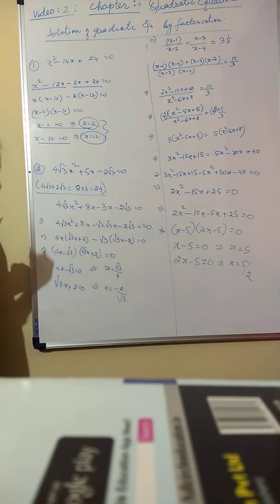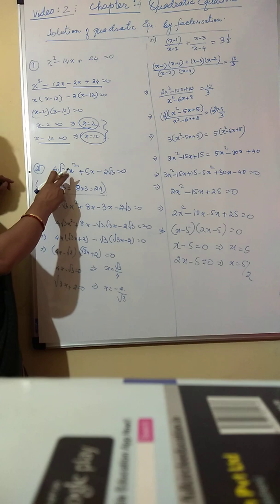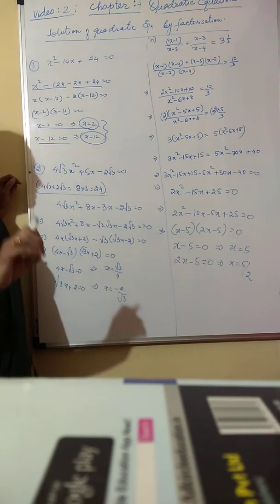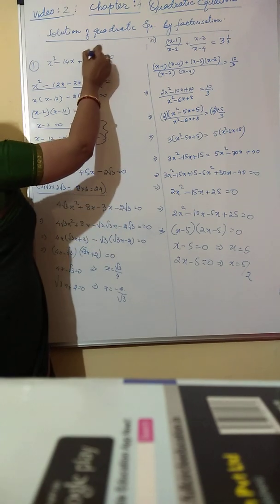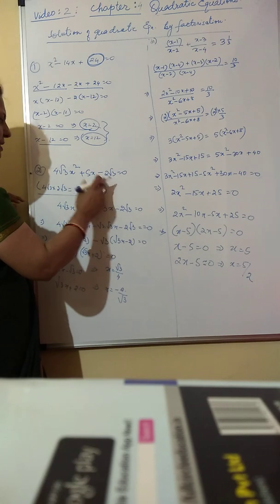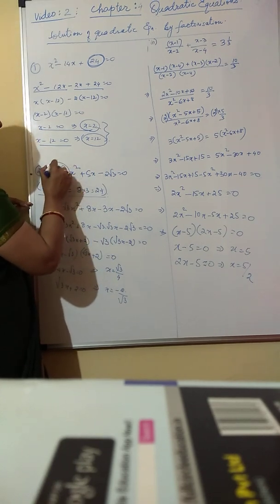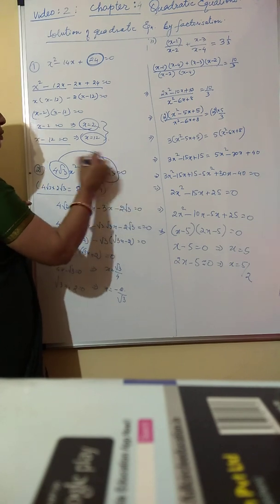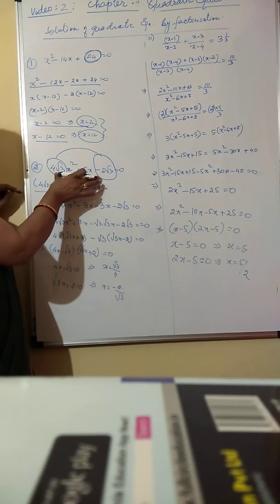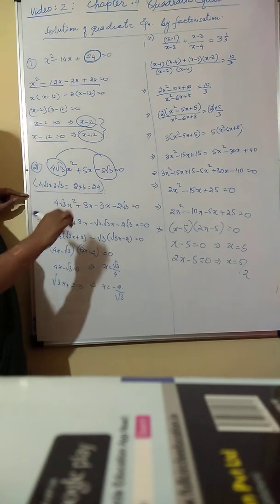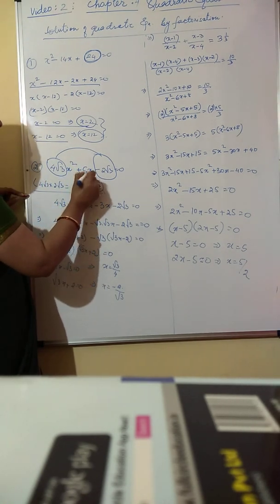In this case, when the coefficient of x square is not equal to 1, we take the coefficient of x square and the constant term both, take their product as AB, and then find those two factors which will give the sum as the middle term.